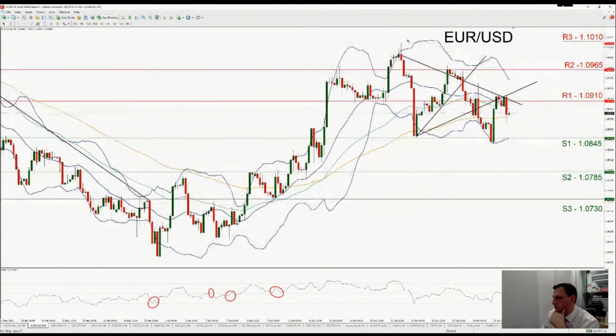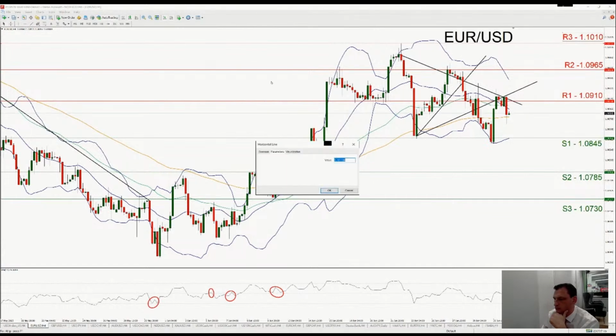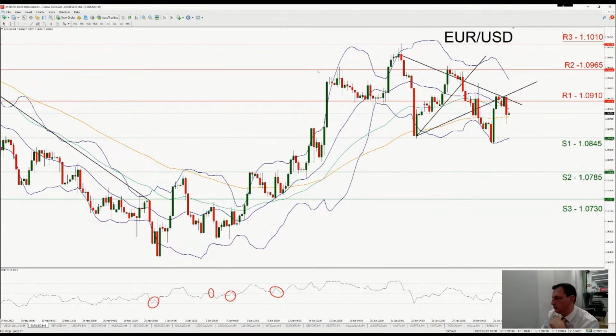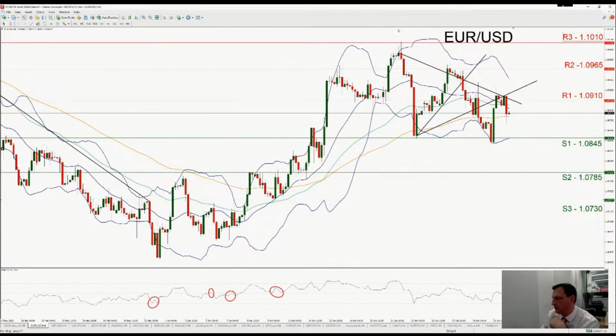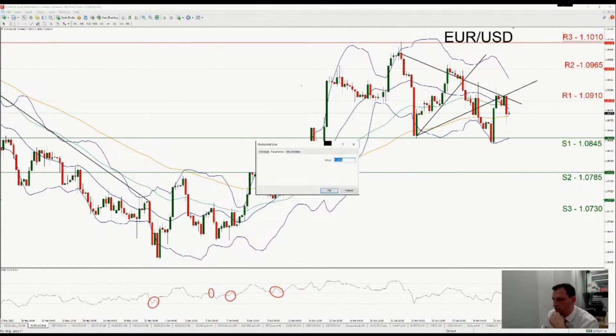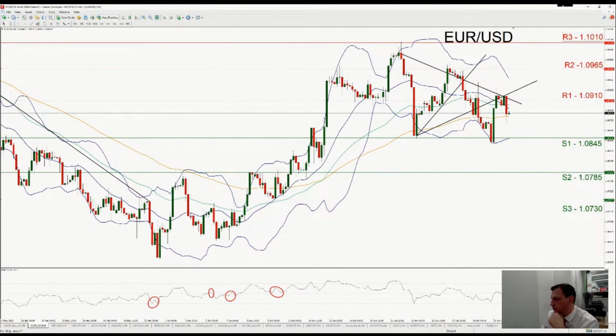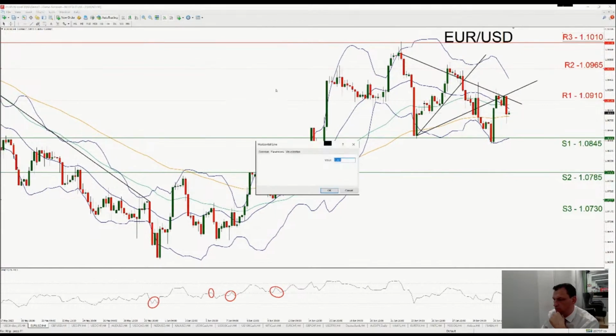Now, having a resistance line at R3 1.10, the second resistance line at 1.0965, marking this peak and this peak. Former support line 1.0910, which has now turned to resistance, given that it has provided support here.